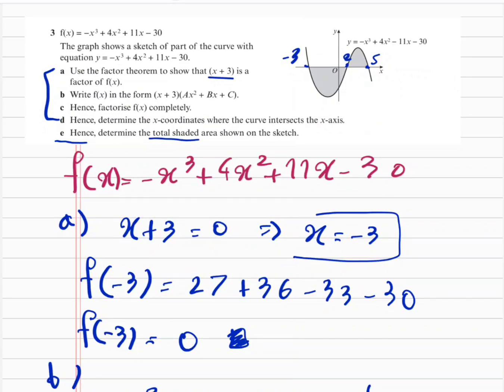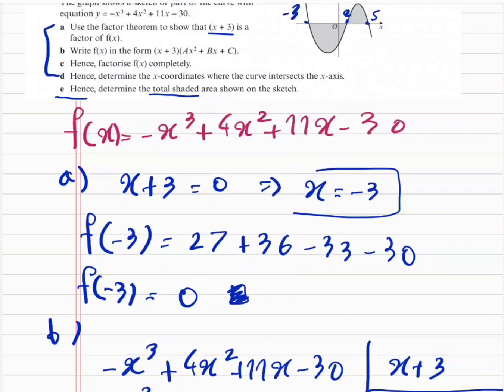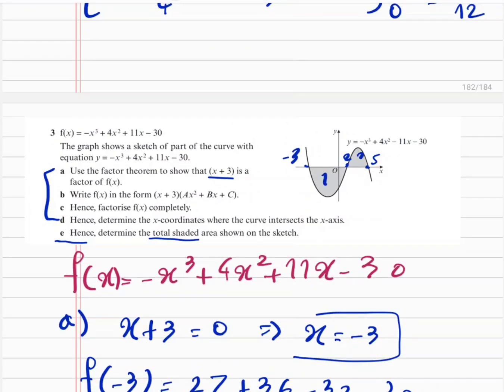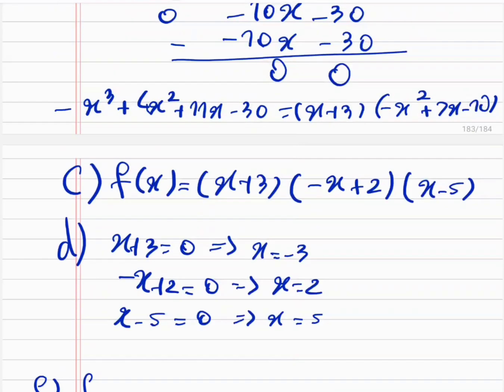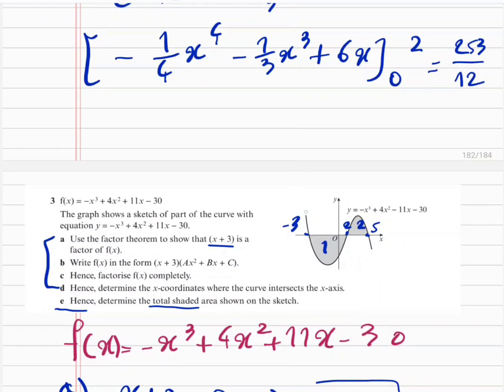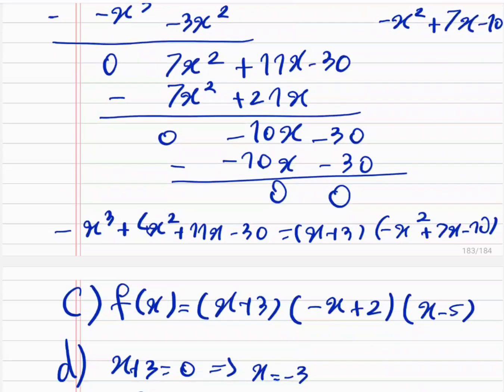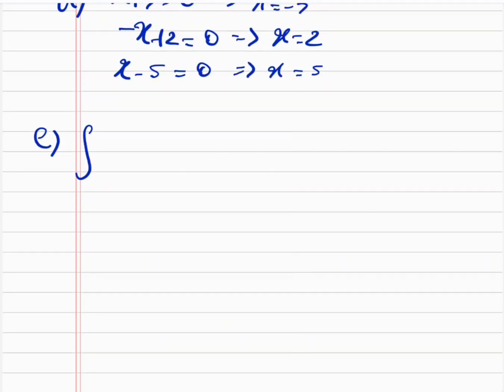And to find the area, we just need to integrate the function between the regions. So let's say here is region 1, here is region 2. So the integral of region 1 is equal to, because it's between minus 3 and 2, so to avoid confusion, the first integral is between minus 3 and positive 2.